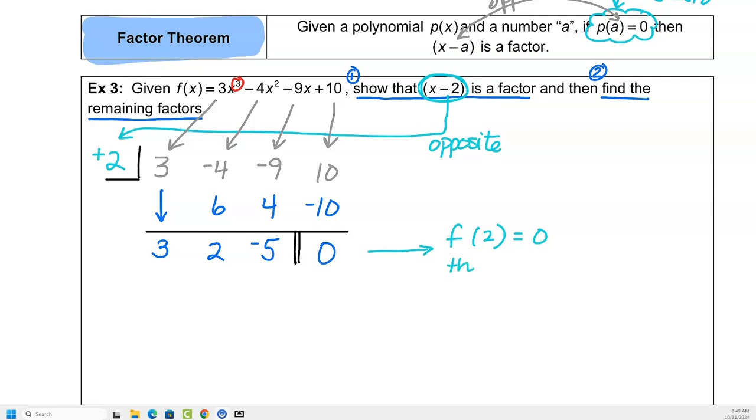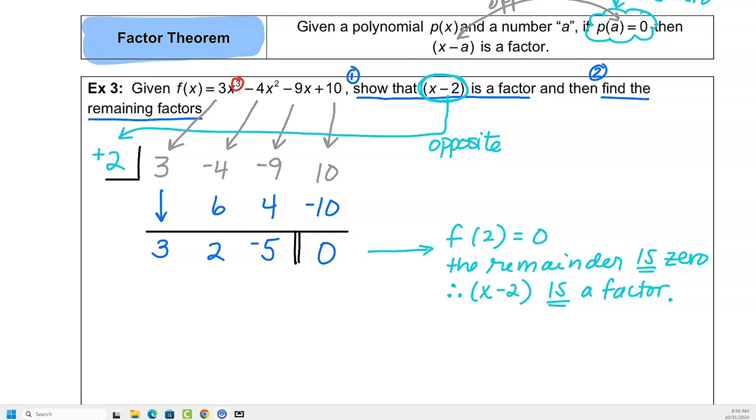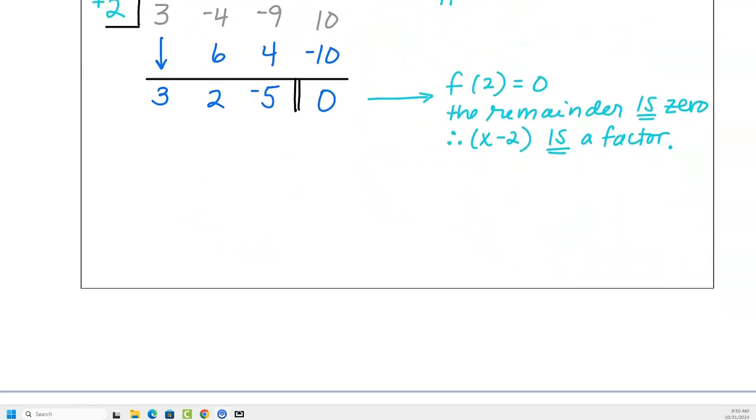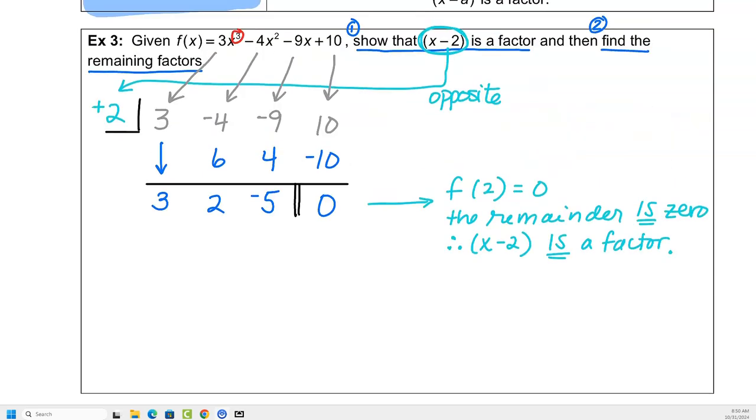So the remainder is 0. So therefore, x minus 2 is a factor. Are you guys okay with that? So that's the first part of the problem.